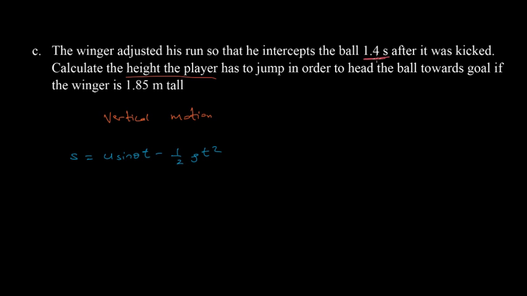Again, the ball was intercepted 1.4 seconds after it was kicked. So let's put down some variables. Our displacement, S, is unknown, and this is a vertical displacement. The time is 1.4 seconds. We know that acceleration is minus G.